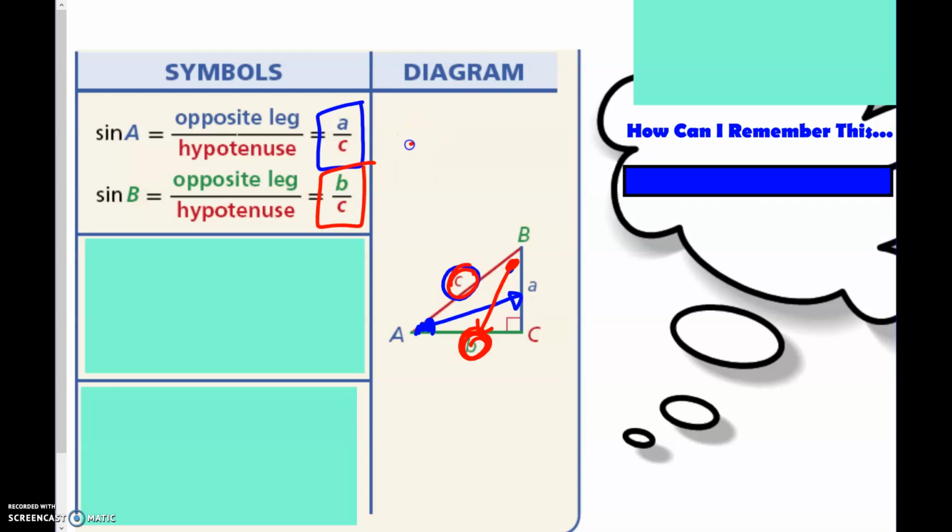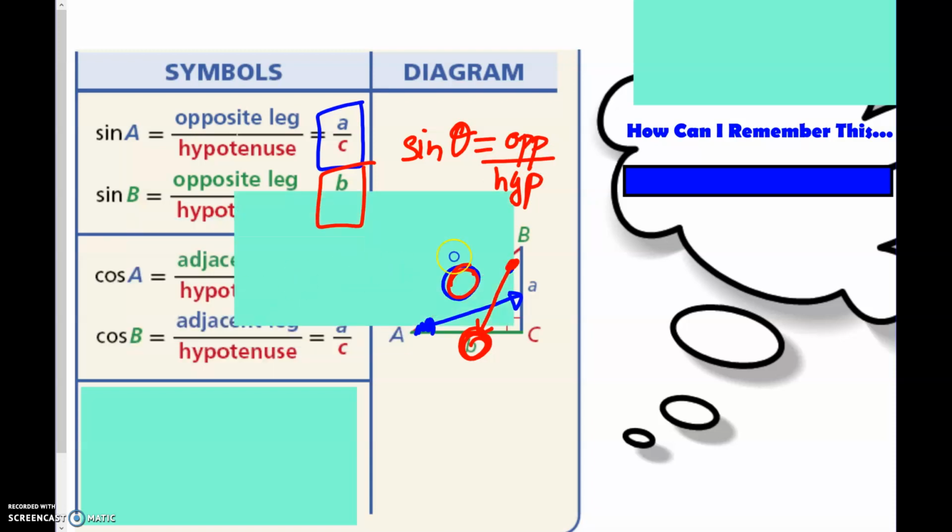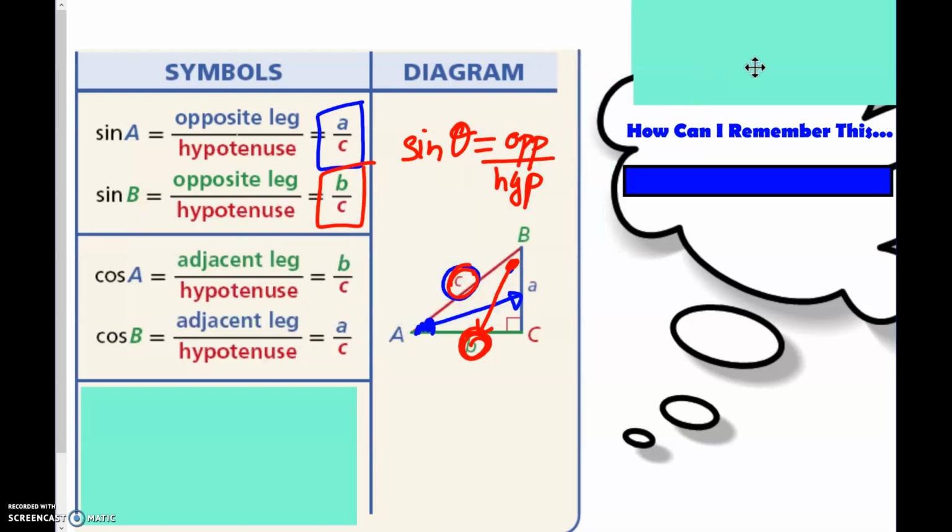So the sine of an angle is always opposite over hypotenuse. Then we also have ratios of cosine. So now what are our cosine ratios?